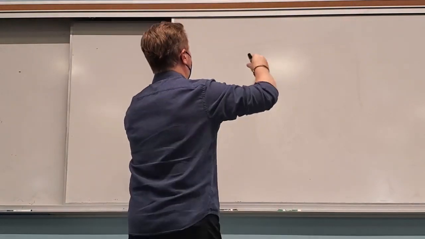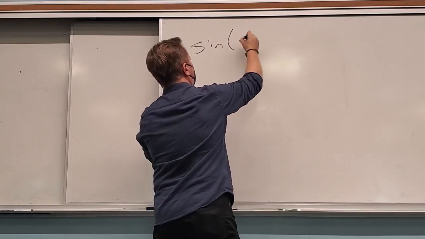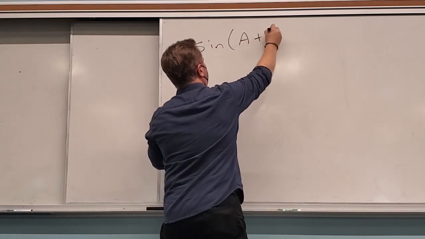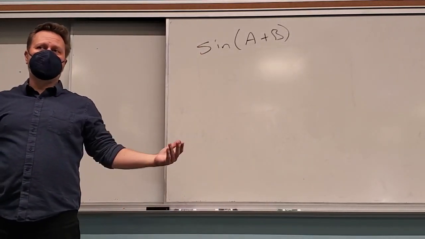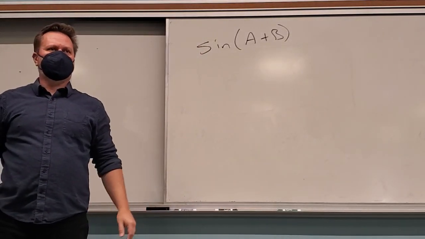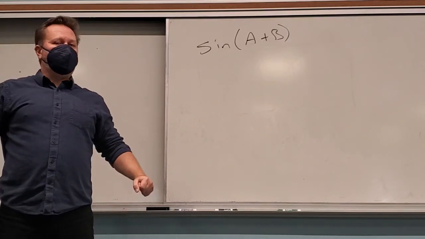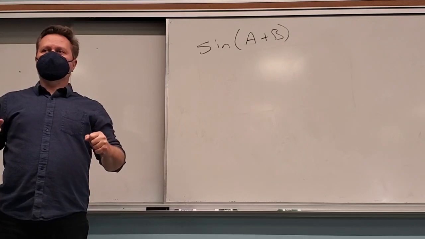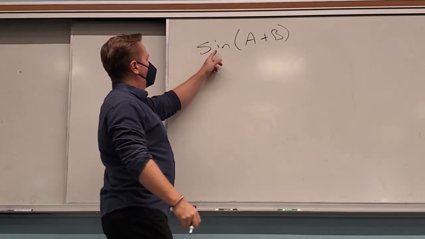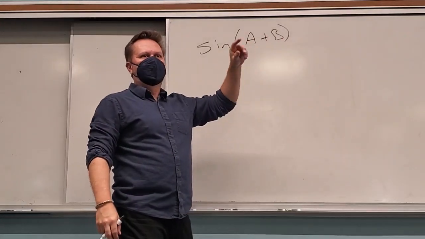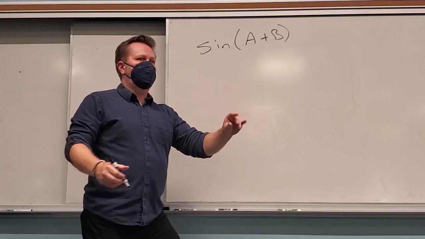All right, sorry. I want to know if there's a way to figure out what sine of, for example, A plus B is. One thing I really want to make sure everybody understands: it makes 0 sense to say, oh, just distribute the sine. That doesn't make any sense, right?